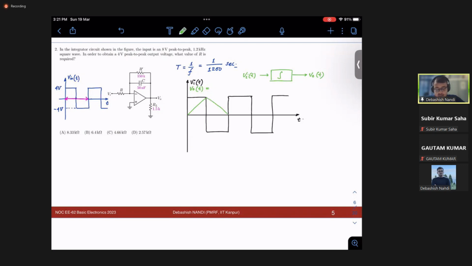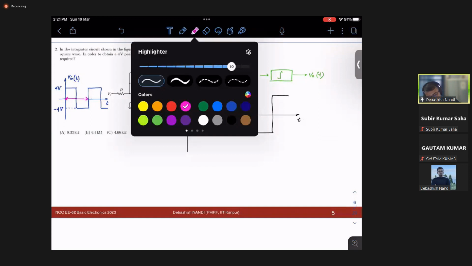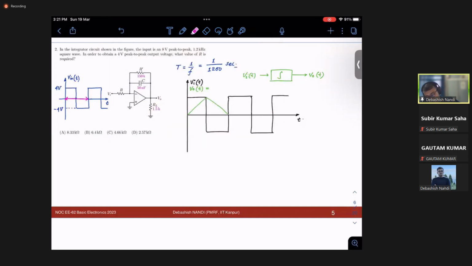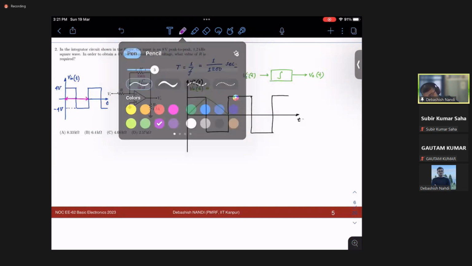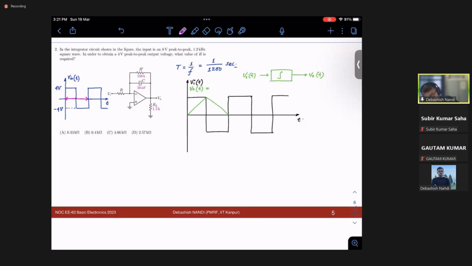If you want to visualize this, you can simply check. Suppose you want to integrate this waveform, right? This left side waveform. What will you do? You want to take the area under the curve, right? That is integration, by the way.